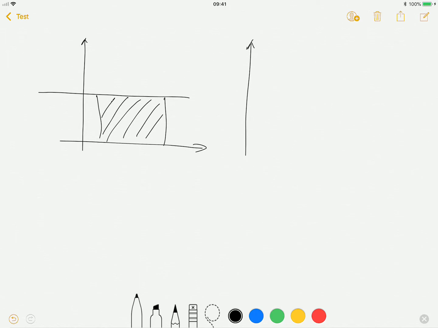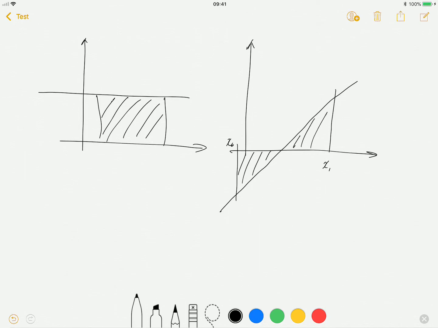And the same goes for a linear function, where this is x1 and this is x0, the integral would fit this exactly. And now we're working within standard limits of -1 and 1, and we're going to discuss that a little bit later on. Okay, but these two assumptions provide us two equations, and we need another two.